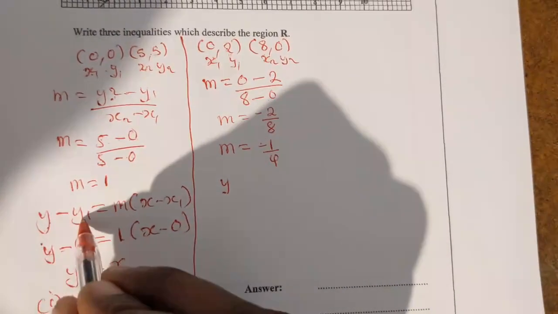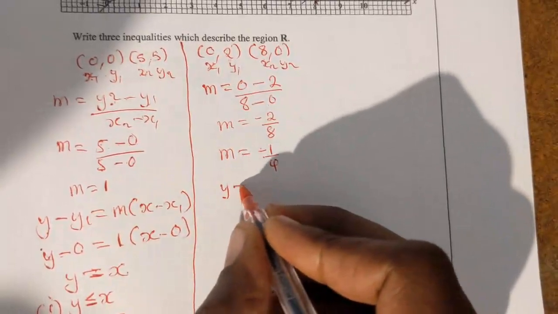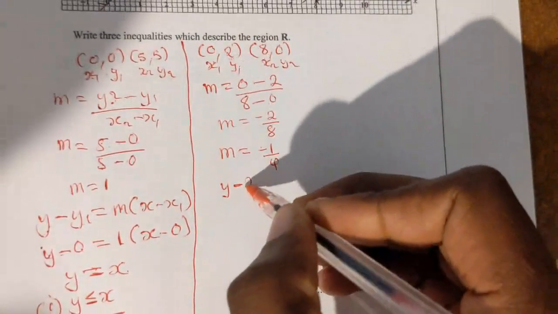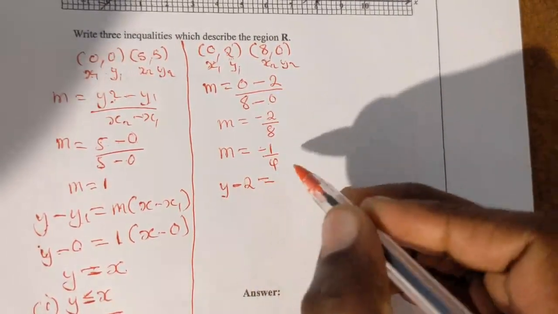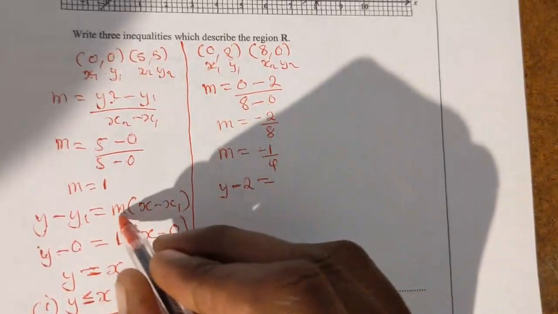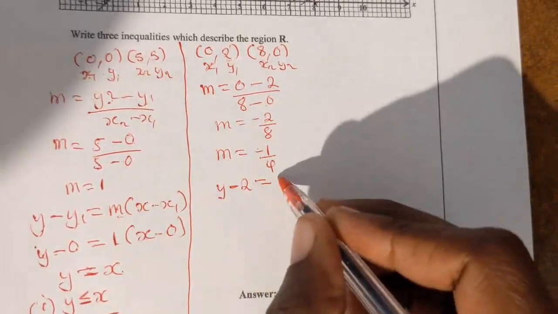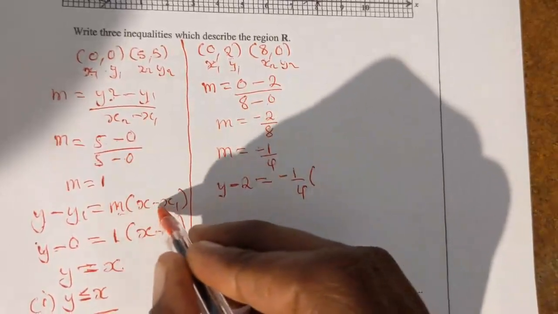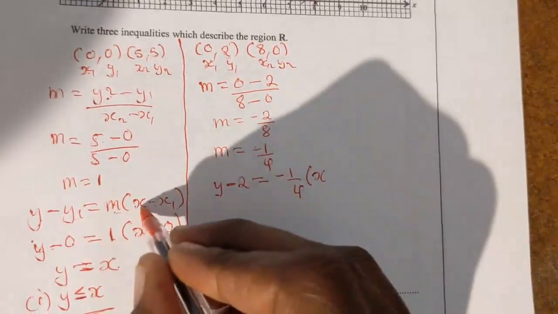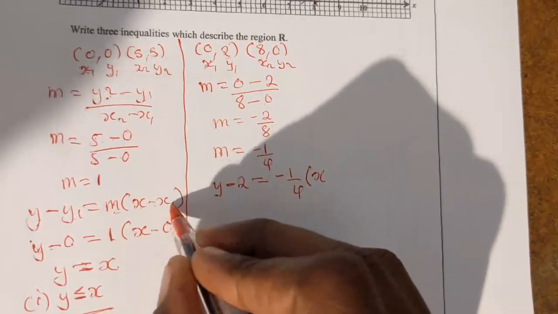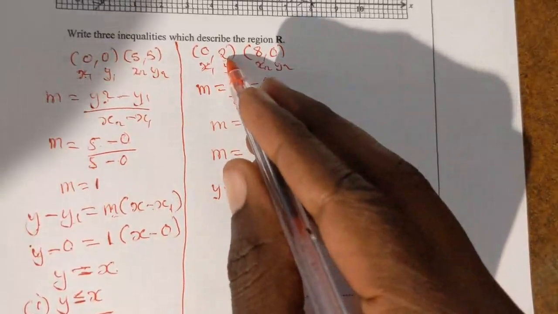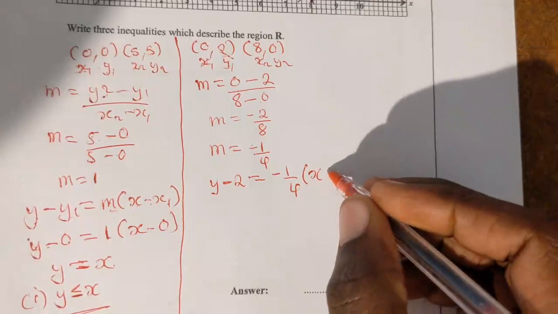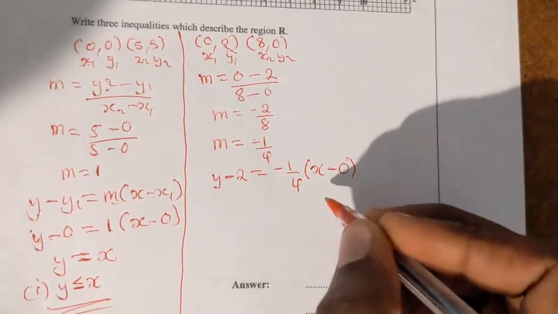We have y minus y1, and y1 is 2, is equal to m, which is -1 over 4, multiplied by x minus x1. x1 is 0, so minus 0, like that.